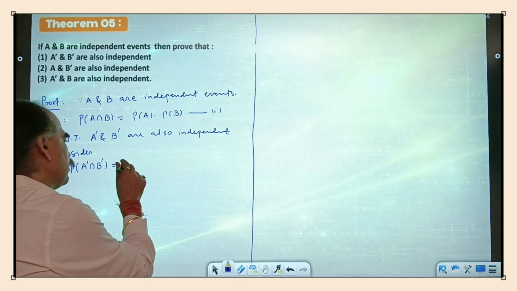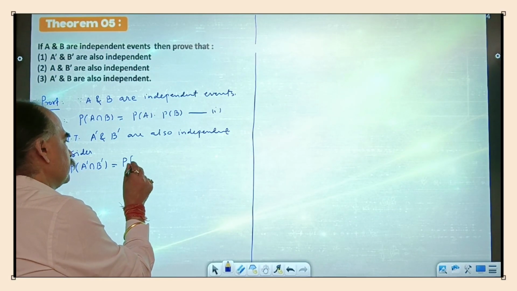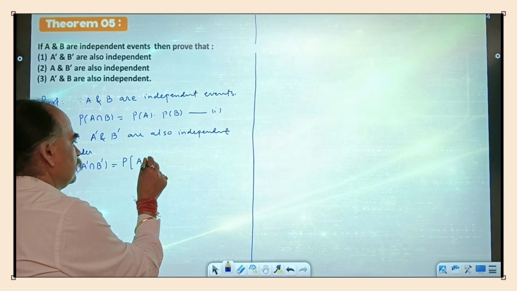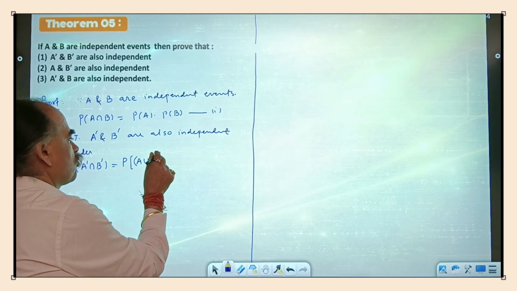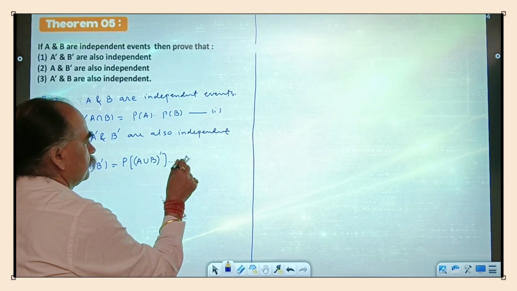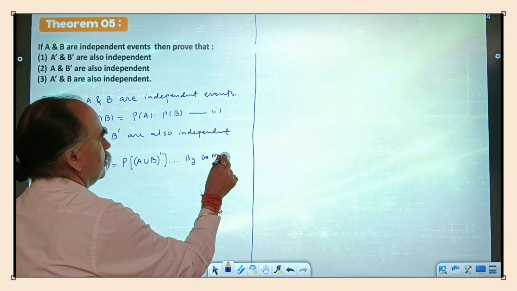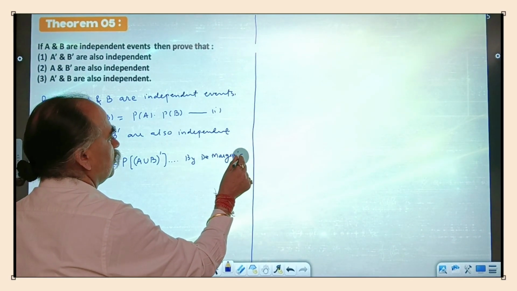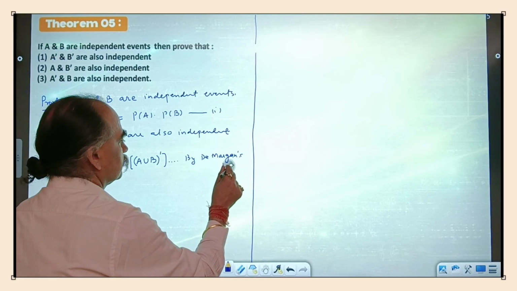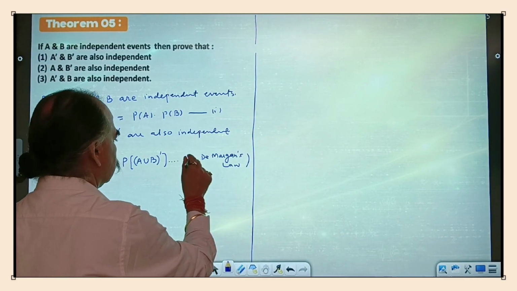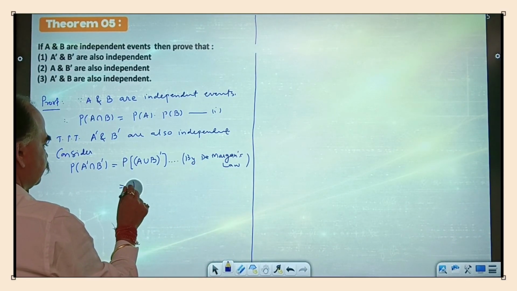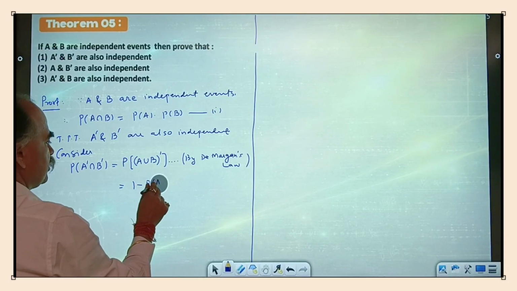Now we apply De Morgan's law. This is (A union B) complement by De Morgan's law, which is 1 minus probability of A union B.